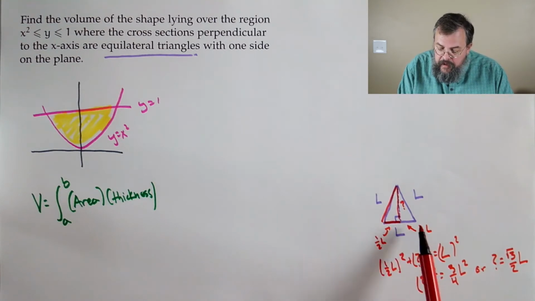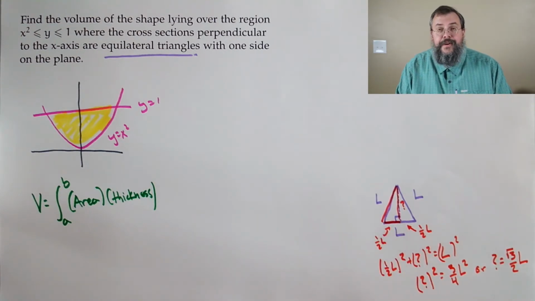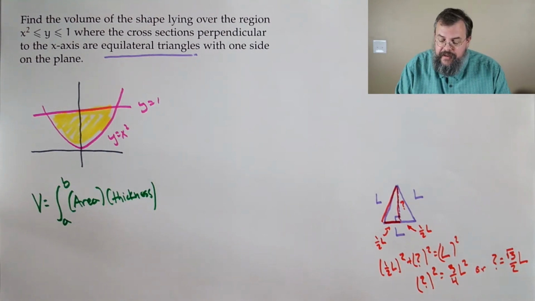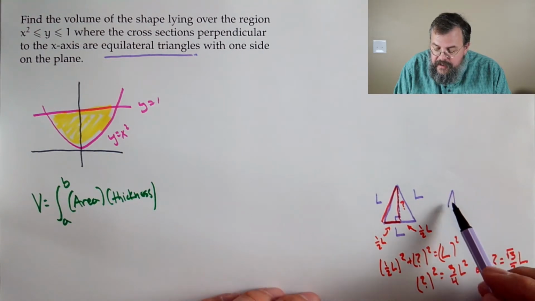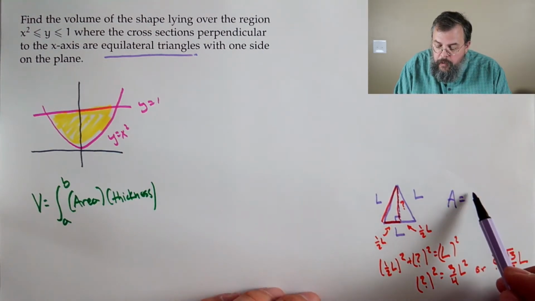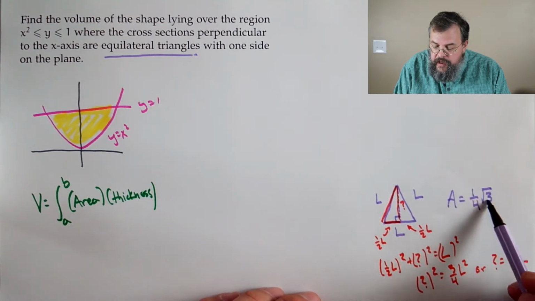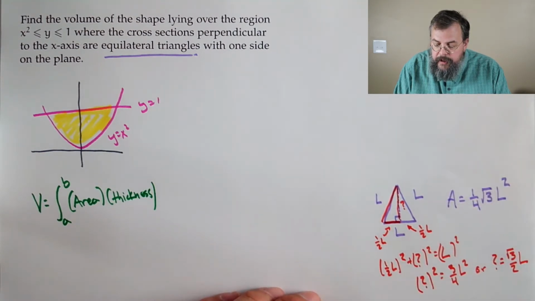What's my base? All the way across is L. So 1/2 base times height says the following. The area of that slice would be 1/4 square root of 3 L squared.